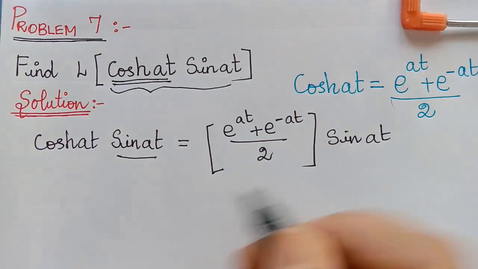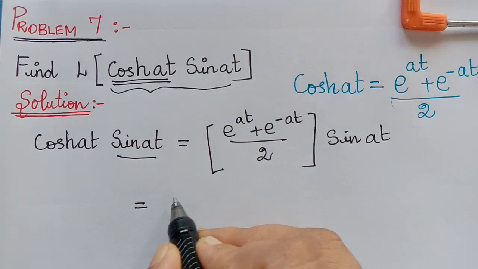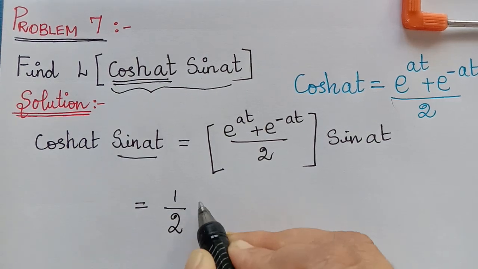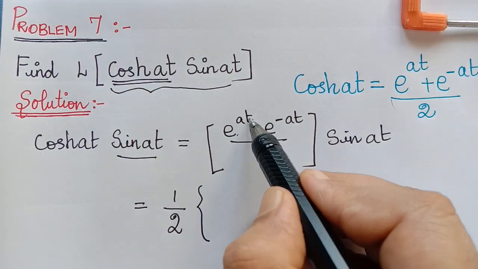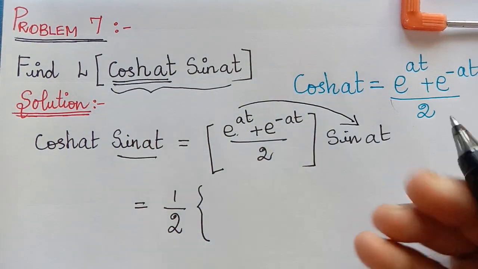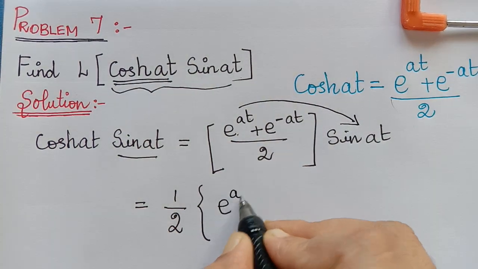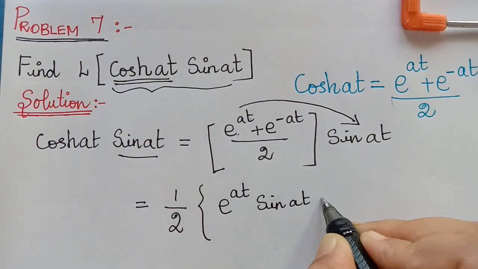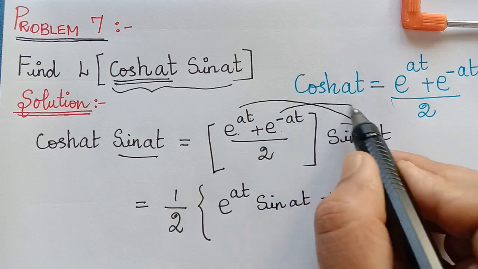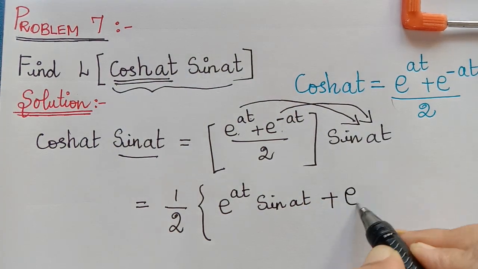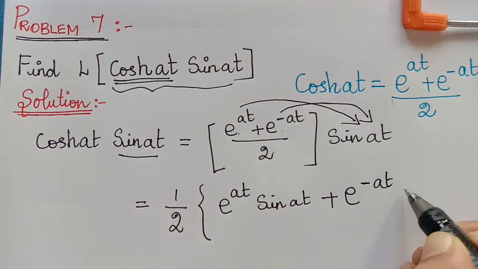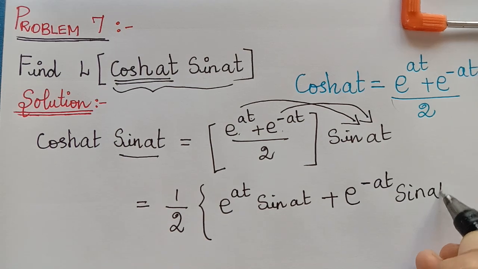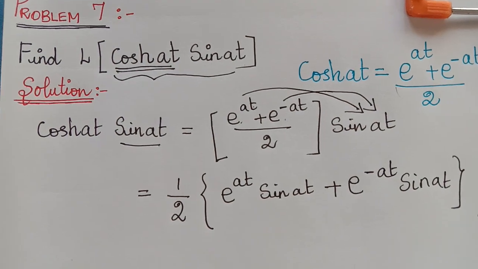Now if we multiply each of the terms, 1 by 2 can be taken as common, and we will be having e to the power at multiplied with sin at, so e to the power at sin at, plus e to the power negative at multiplied with this, so e to the power negative at sin at. So this is what we obtain.